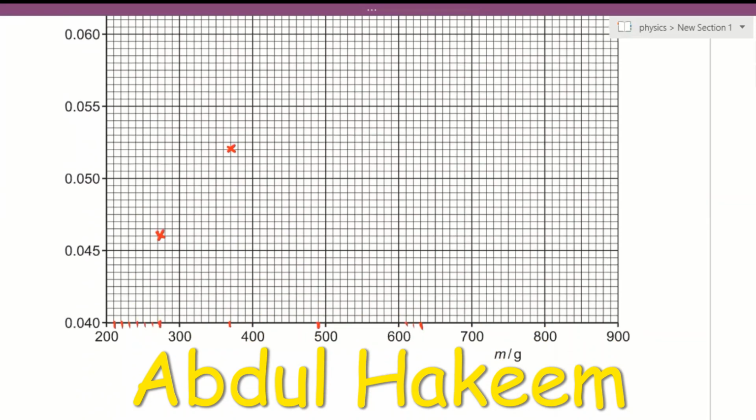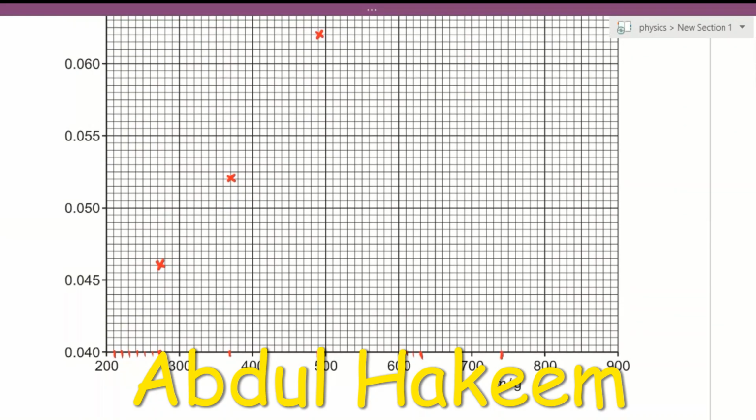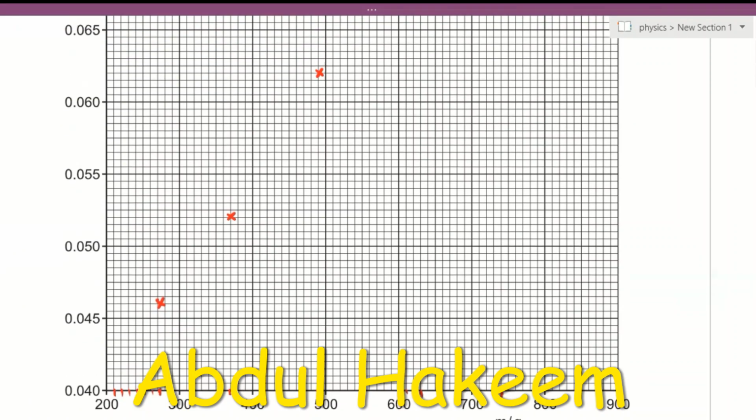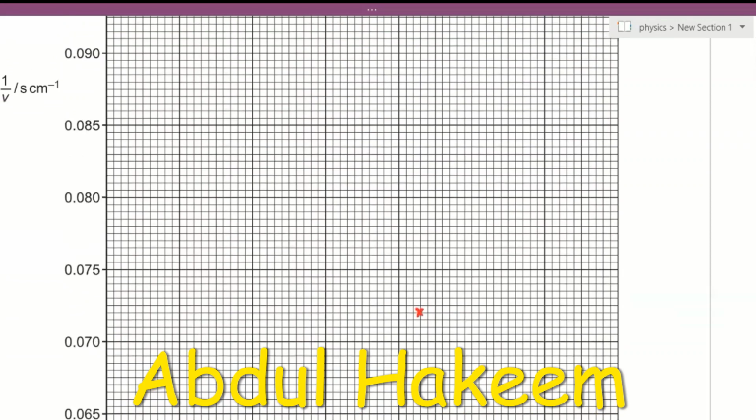And the next is 741. So 710, 20, 30, 40, and the 41. And we have to draw the point at 0.080. So 1, 2, 3, 4. This is the point.